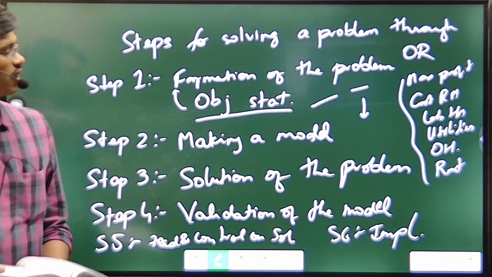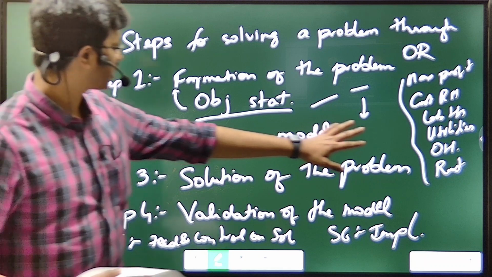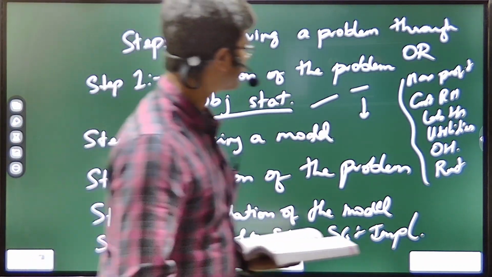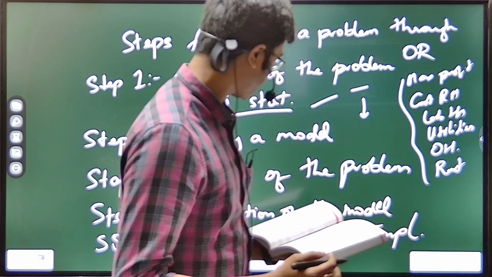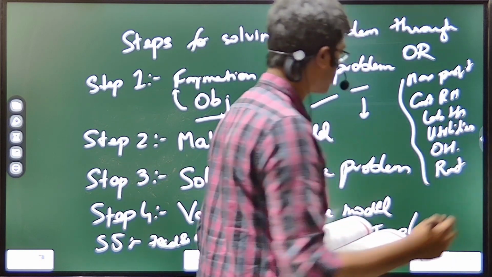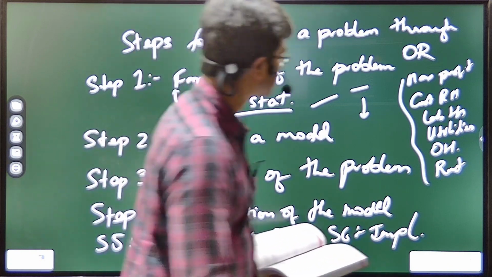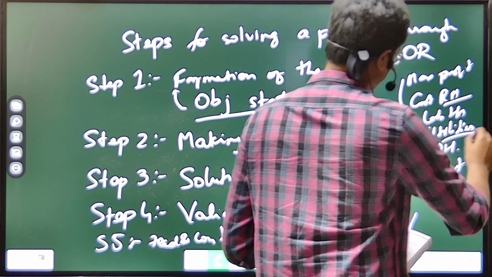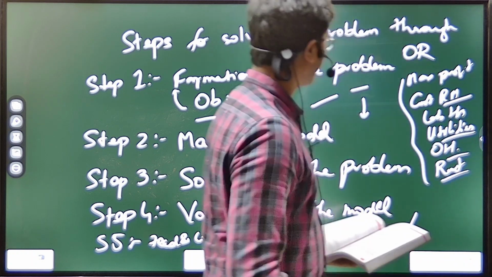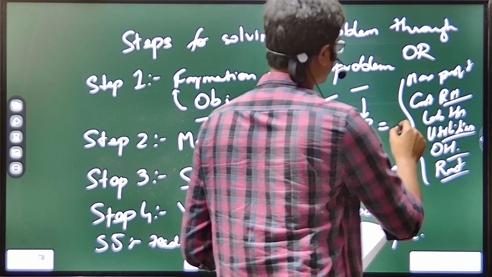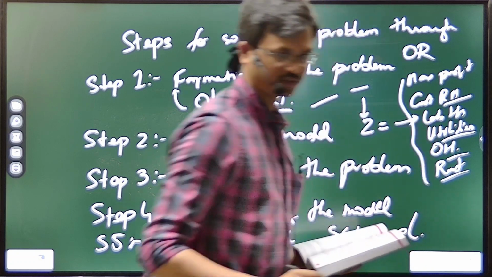Formulating a model with so many variables will sometimes be very difficult. In that case, sometimes you make assumptions. First, you assume raw material price is constant, utilities, overhead and rent are constant, and let me see how my profit varies with only labor hours.